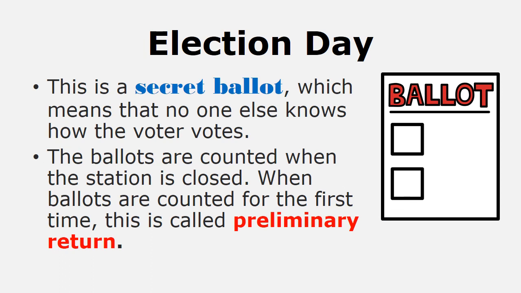This is a sacred ballot, which means that no one else knows how the voter votes. The ballots are counted when the station is closed. When ballots are counted for the first time, this is called preliminary return.